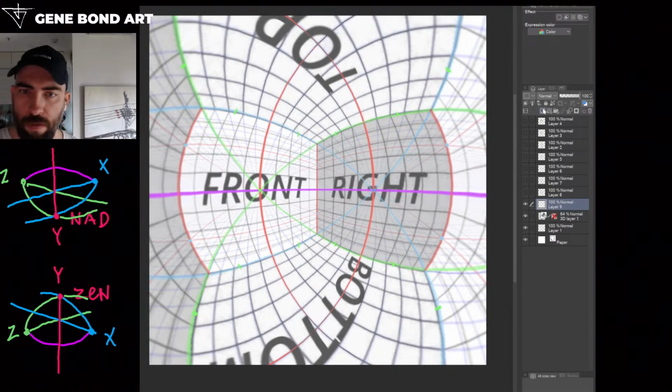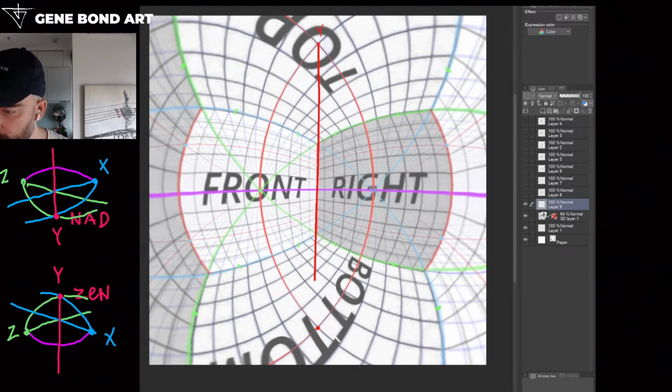Let's say here, we have again these elements: the y vanishing point, the y-axis going straight like a straight line. Then we can see z and x.